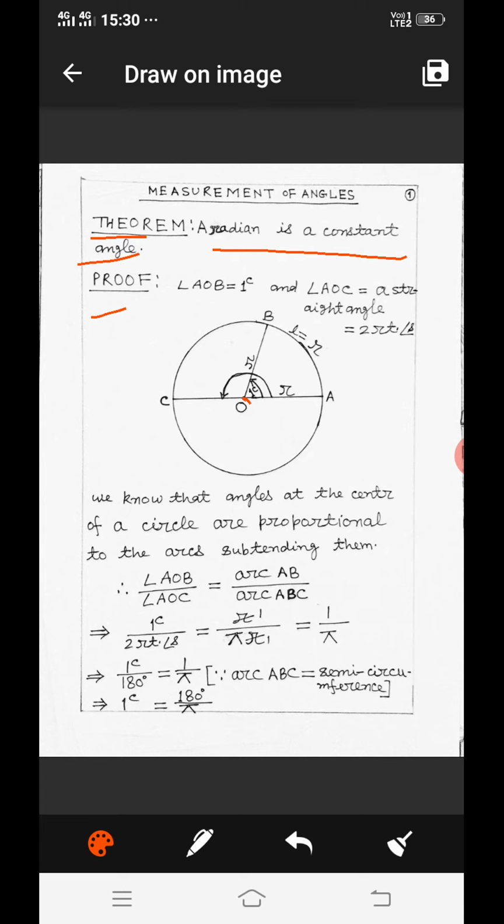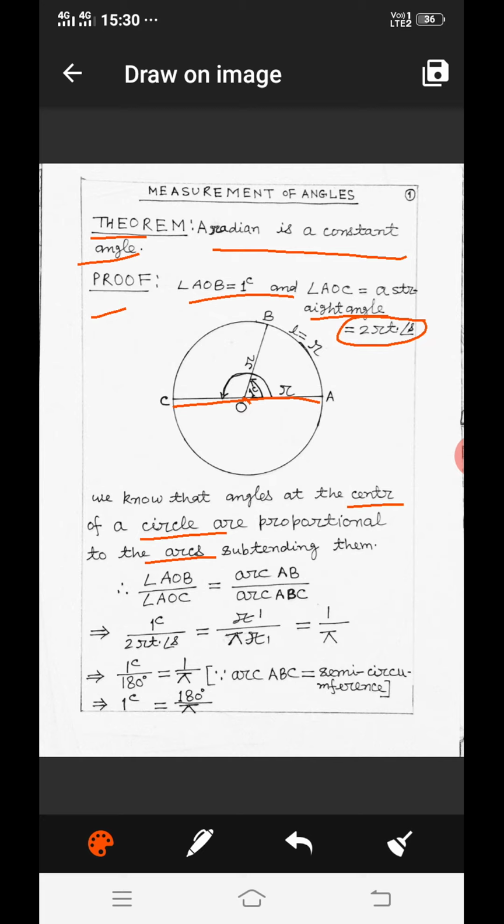Produce AO to meet the circle at C, so that angle AOC is equal to a straight angle, equal to two right angles. Dear students, we know that angles at the center of a circle are proportional to the arcs subtending them.